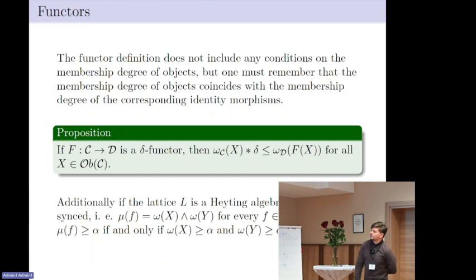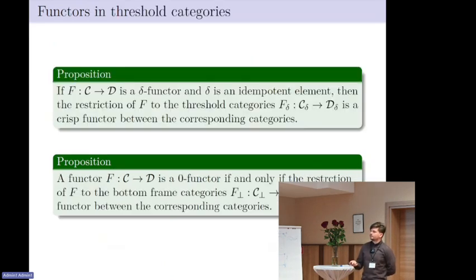The keen eye of you would have noticed that the condition was on morphisms and not objects, but if we remember that object degrees are synced with the identity morphisms, then an extra property is satisfied. And additionally, if we have a strong enough lattice, for instance a Heyting algebra, and also if the membership degrees of morphisms and objects are synced, morphism and object membership degrees are interchangeable.